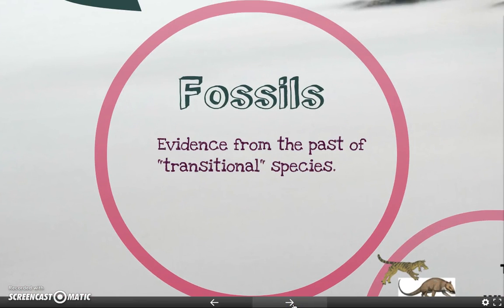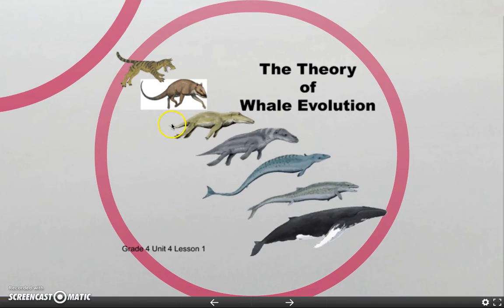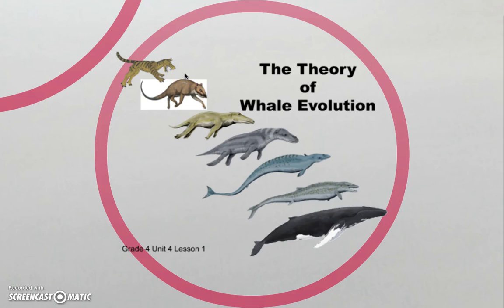And finally, fossils. Fossils are evidence from the past of transitional species. We've got the example of the whale evolution. The whales that we know today had evolved from ancestors before that were much different. And the original whale was actually a land creature that hunted and lived on land.